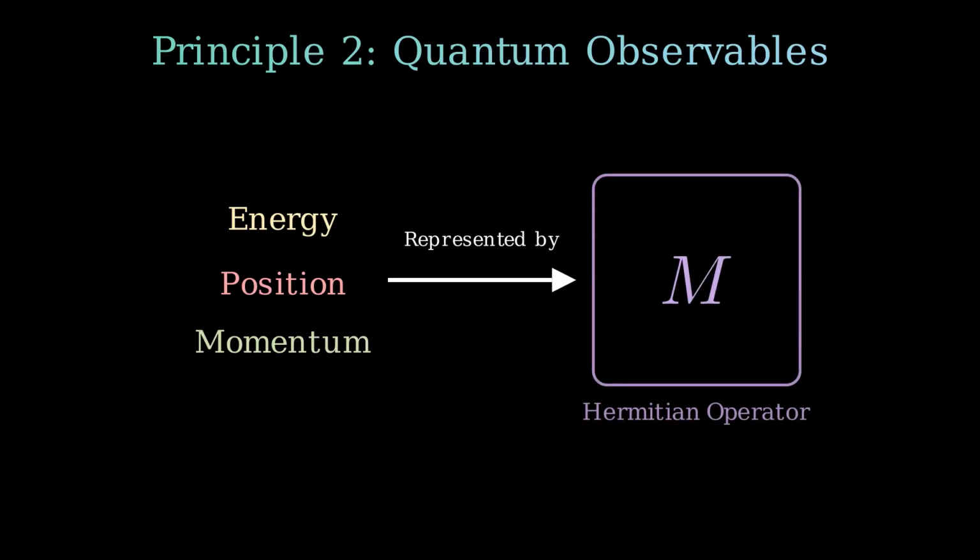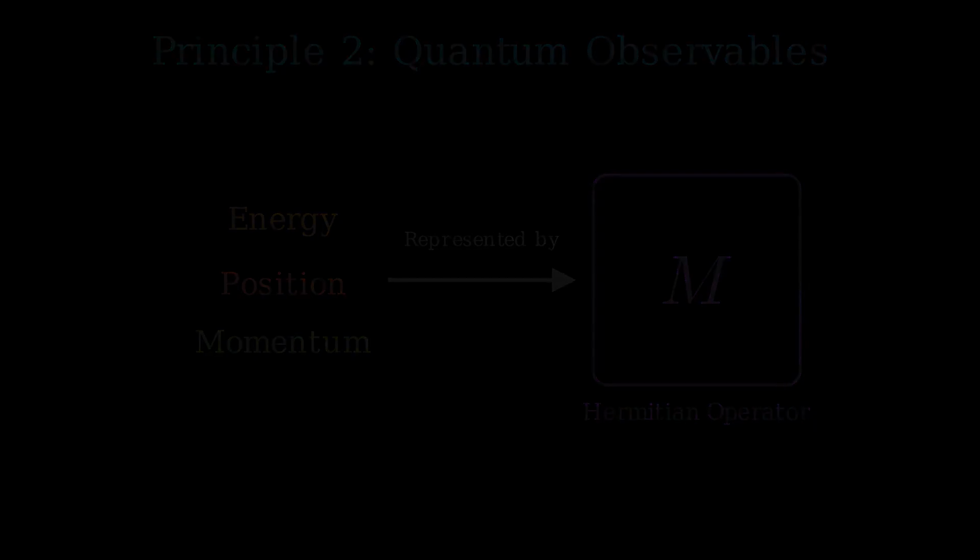Let's break this down. A Hermitian operator, which we call M, is essentially a matrix with special properties. This matrix has eigenvalues and eigenvectors that relate directly to what we can measure from a quantum system.